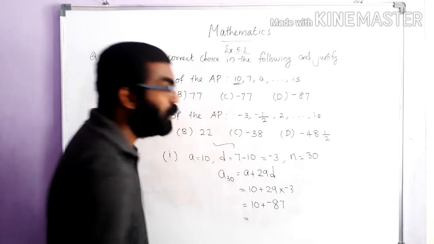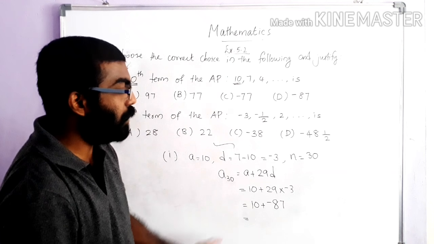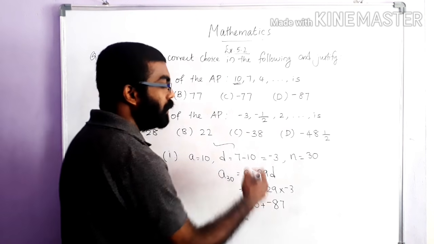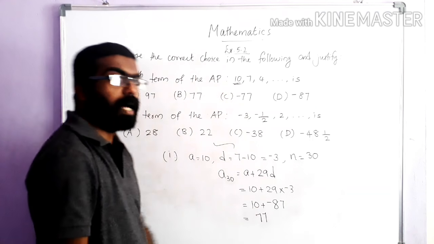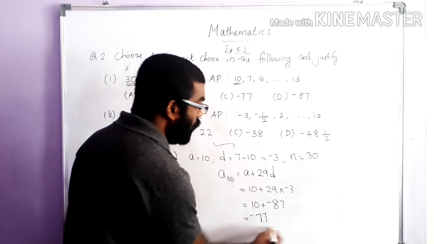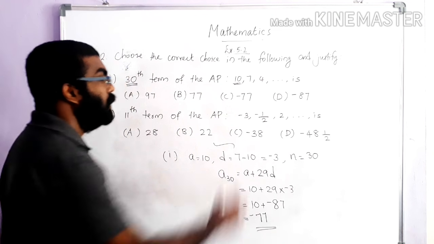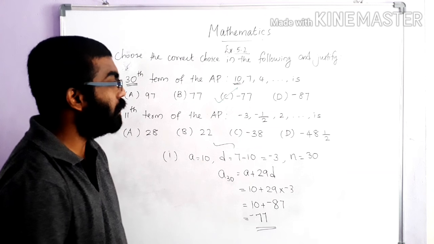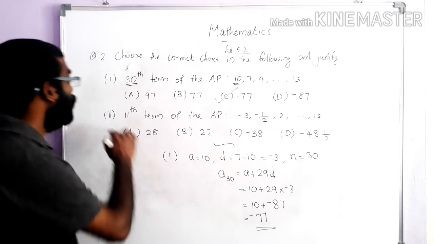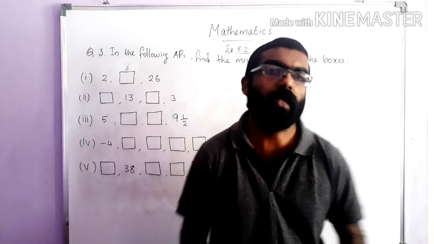So here 10 plus minus 87, plus and minus, so you have to subtract: 87 minus 10 is 77, and give the sign of the larger number. So here minus. So the answer is minus 77. So option C is the right answer. Minus 77. The second one you can do yourself. Now we can discuss the third question.